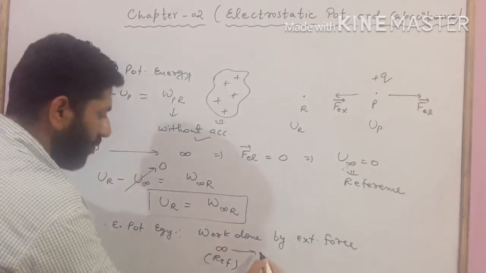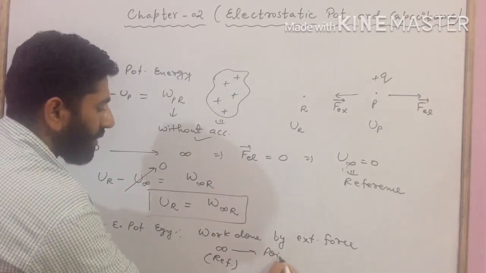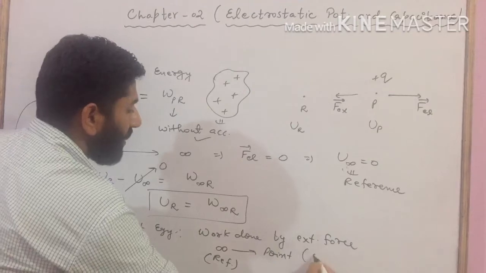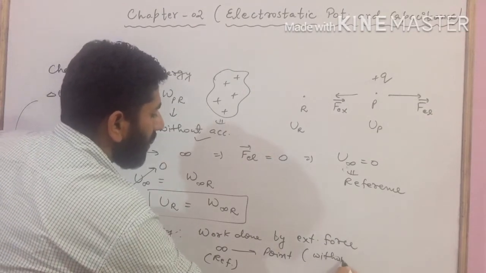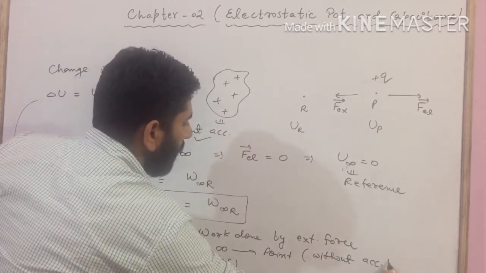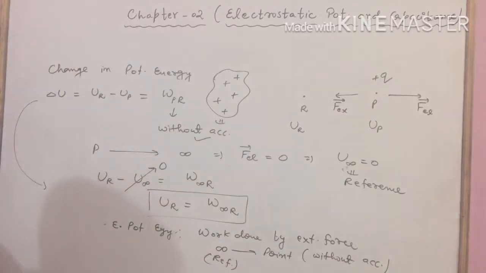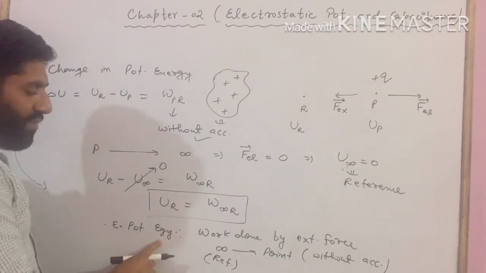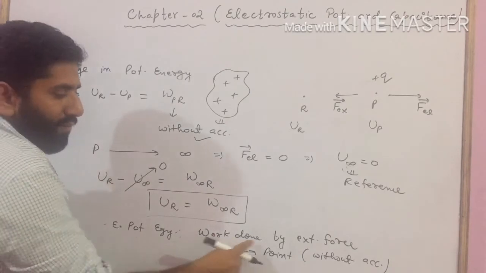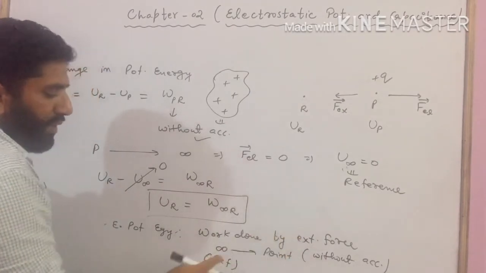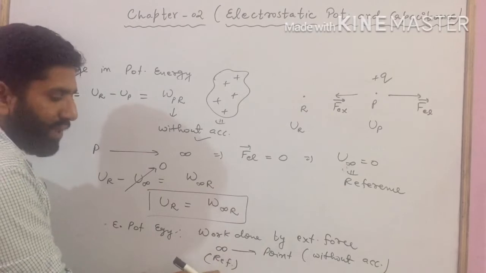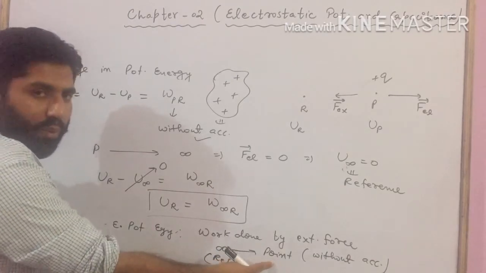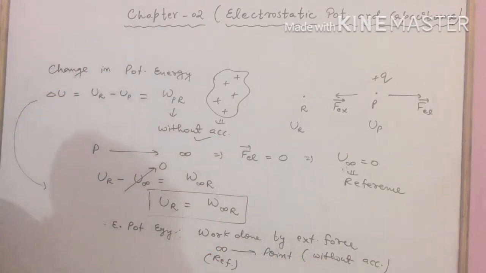From infinity to that particular point. And remember, this has to be done without acceleration. So this is the final definition of electric potential energy, which states that the electric potential energy at a point is the work done by external force in moving the charge from infinity, from the reference, to that particular point without acceleration.